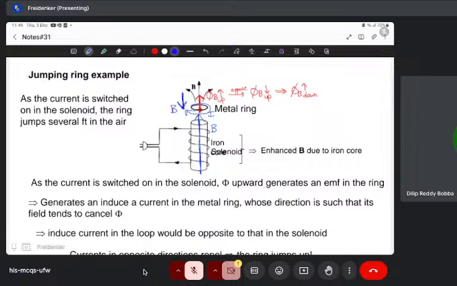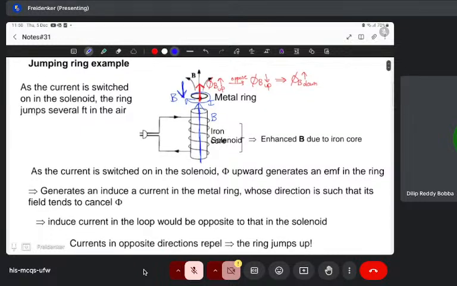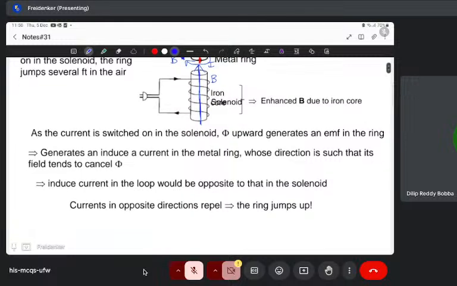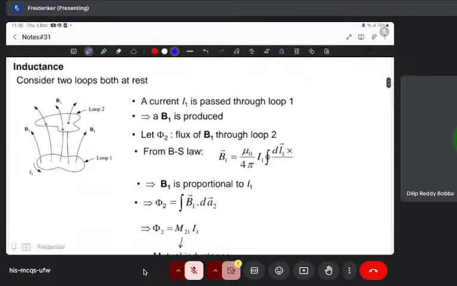So, the direction of the induced magnetic field is opposite to the direction of the magnetic field of the solenoid. Since these two directions are opposite to each other, they will repel. So, since they repel, this metallic ring will fling up. It'll just jump. You can write whatever reason you want as long as it is logical and coherent and consistent. It is fine.